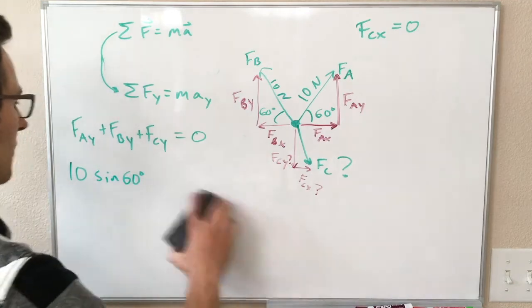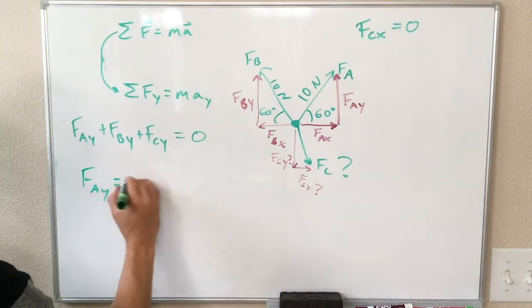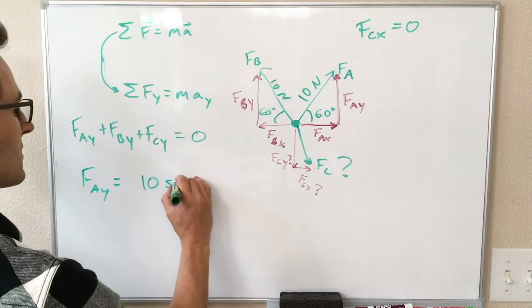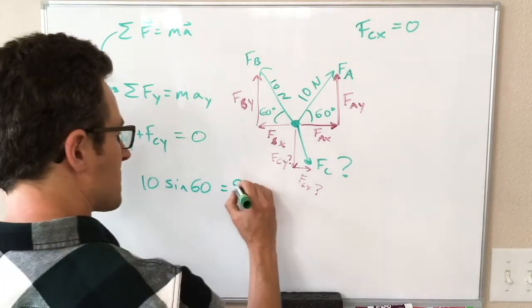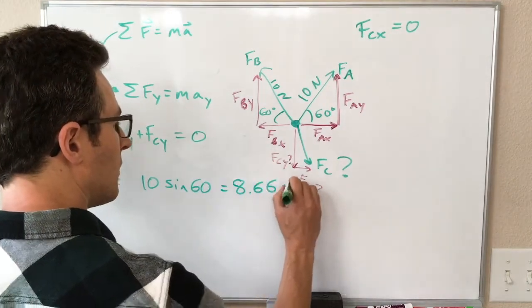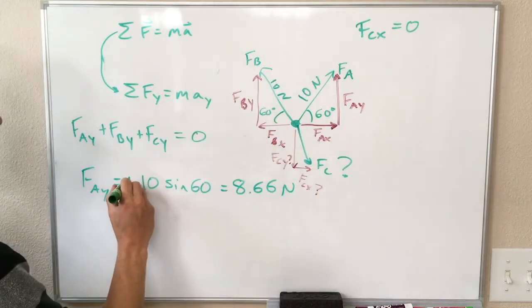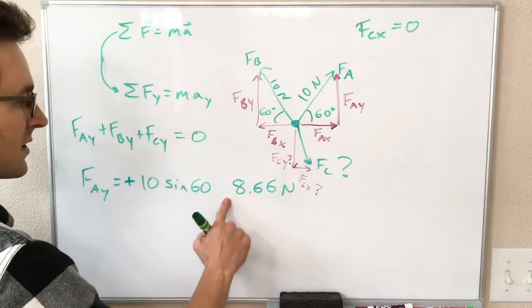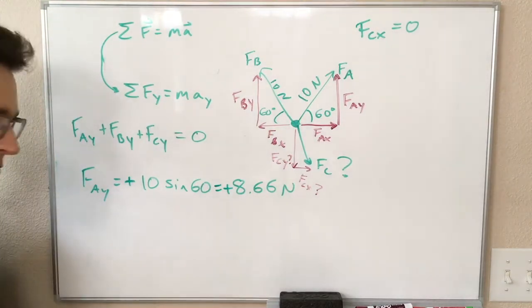Oh, I guess I'll do it like before. So FAY is equal to 10 times the sine of 60, which is equal to 8.66 newtons. And it is in the up direction, so I'm going to put a plus sign there, so we get plus 8.66, and we were careful to check that.